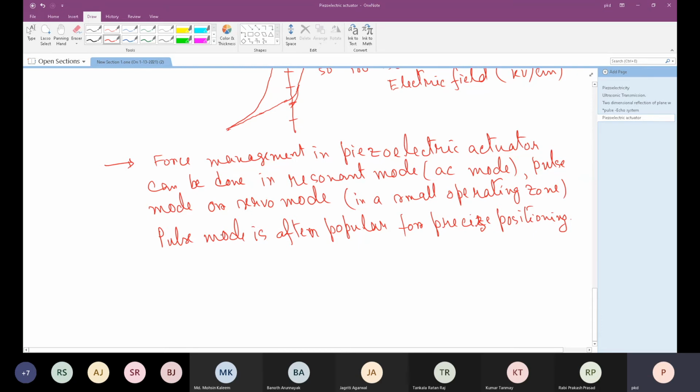However, pulse mode usually has less energy. Therefore, softer piezoelectric material has to be used: low permittivity soft piezoelectric material.